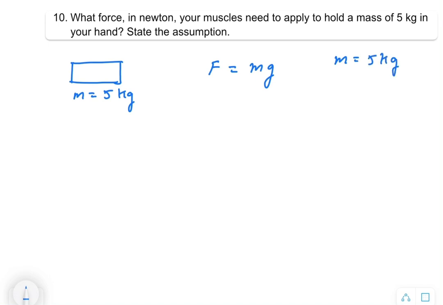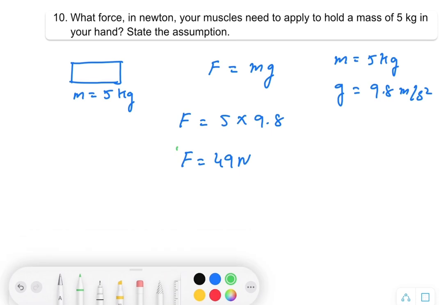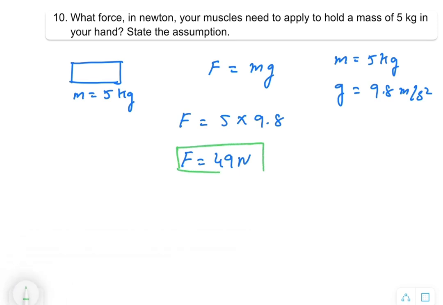M is 5 kg, and let us assume g to be equal to 9.8 meters per second square. F is equal to 5 multiplied by 9.8. Therefore, F will be 49 newtons. So 49 newton of force is required to hold a mass of 5 kilograms. And the assumption is g equal to 9.8 meters per second square.